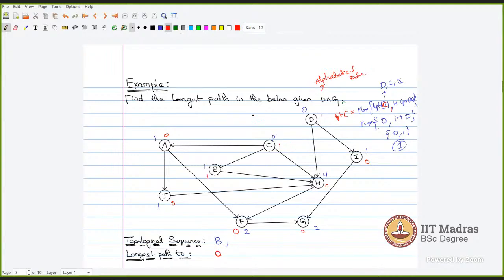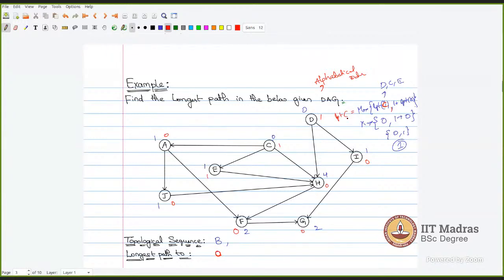The longest path of the vertex B is 0, so the red number of B is 0. You can see here also. So 1 plus longest path to B will be 1, and the longest path to C previously is 0. So max of 0 comma 1 will become 1.